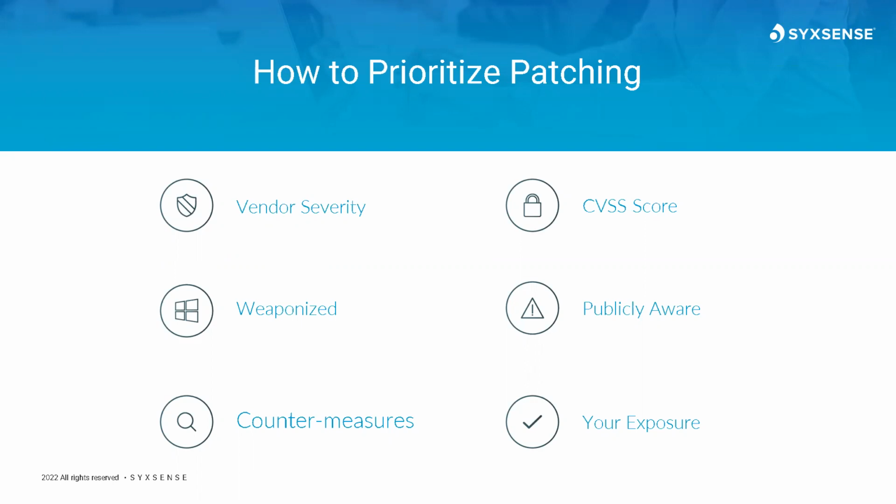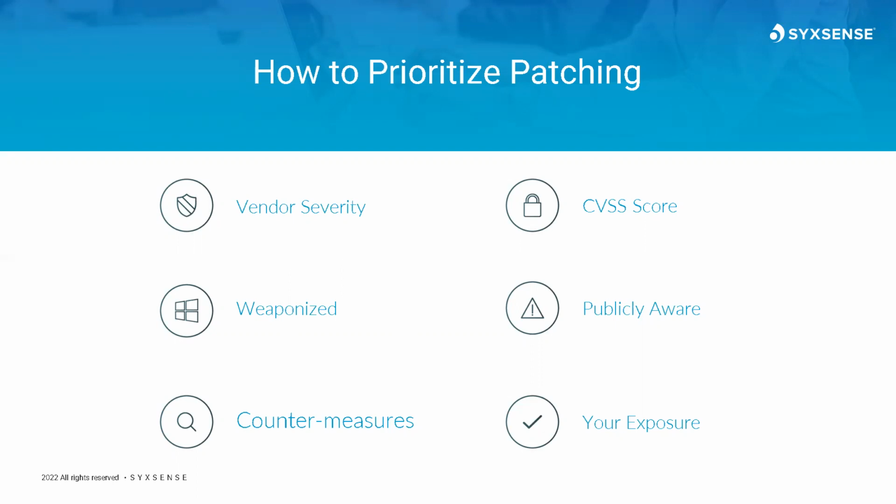So you have to look at more data. And we have another state called public aware. Public aware means that the precise method to exploit is available on the internet. A bug bounty program, or maybe the vendor themselves have said, this is the exact condition to exploit the vulnerability.